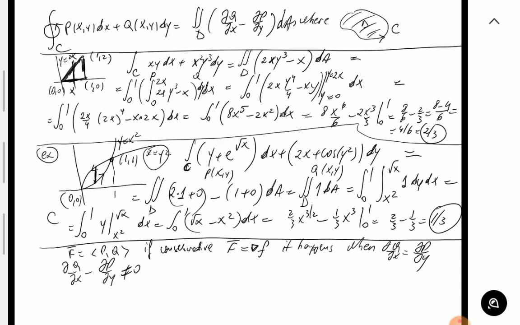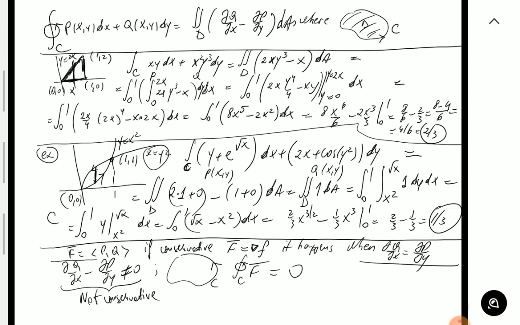So remember what we discussed last time. If the vector field is conservative, so it's conservative if dQ/dx equals dP/dy. If they're not equal, that means not conservative. So let me remind you that if you take a line integral over a closed curve for a conservative field, the answer is always 0.